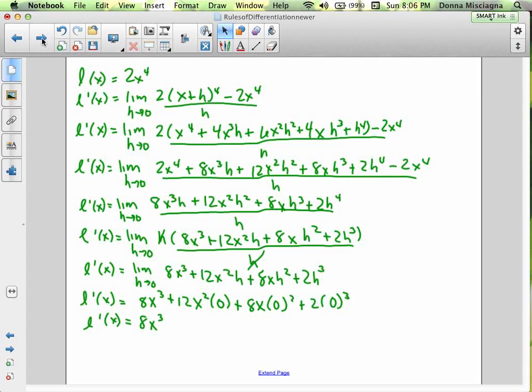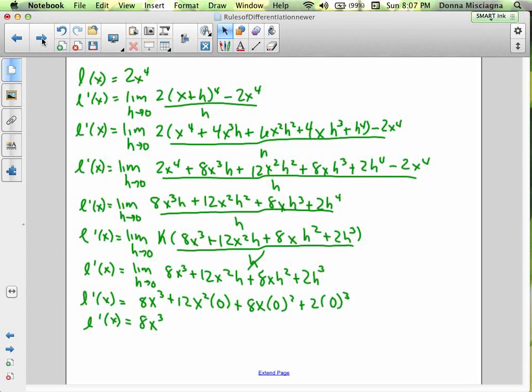Is the limit as h approaches 0 of, and then to find our derivative using the definition of the derivative, right? We're going to raise x plus h to the fourth power minus 2x to the fourth divided by h.